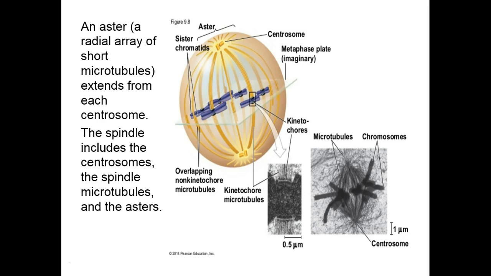And you have this whole corona of microtubules called the aster that is creating a unique shape at each pole of this cell. It's still one cytoplasm at this time, but the shape of the cytoplasm is changing because of these non-attached kinetochores, whether they be the long microtubules or the asters.